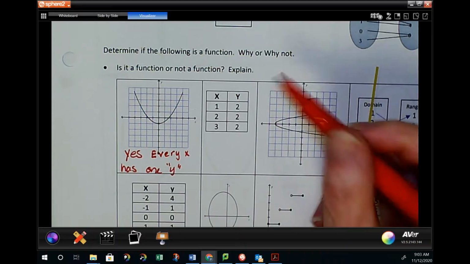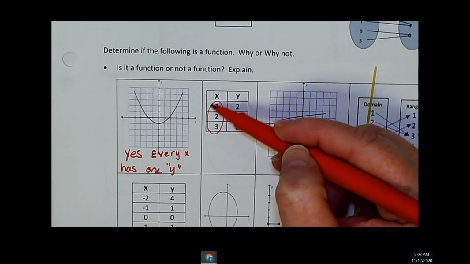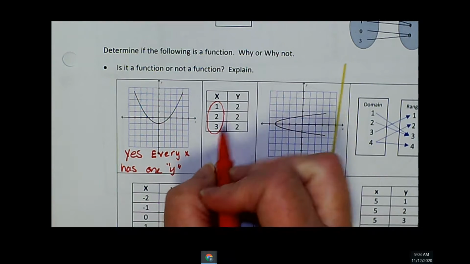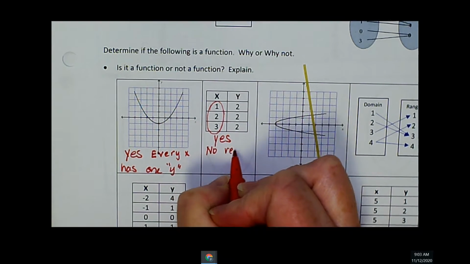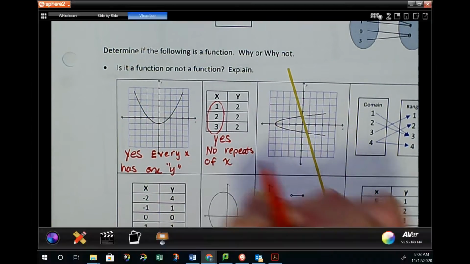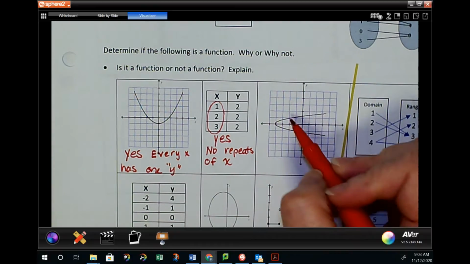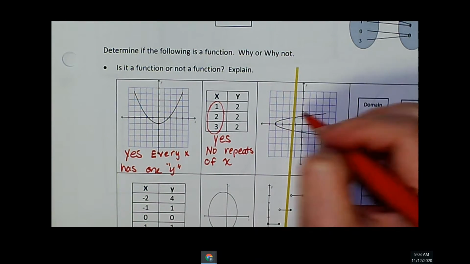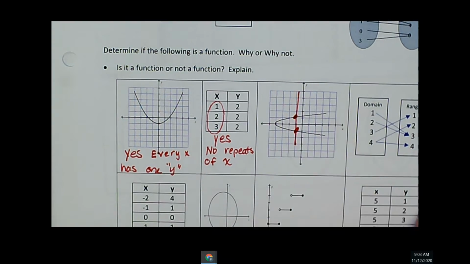Okay, and then I look at a table and I just look to see if any of your x values repeat. So this is yes, because there's no repeats of x. And then this one, I go across and I look and I say, oh, it didn't pass the vertical line test. Right there and right there it hits at 2 places.